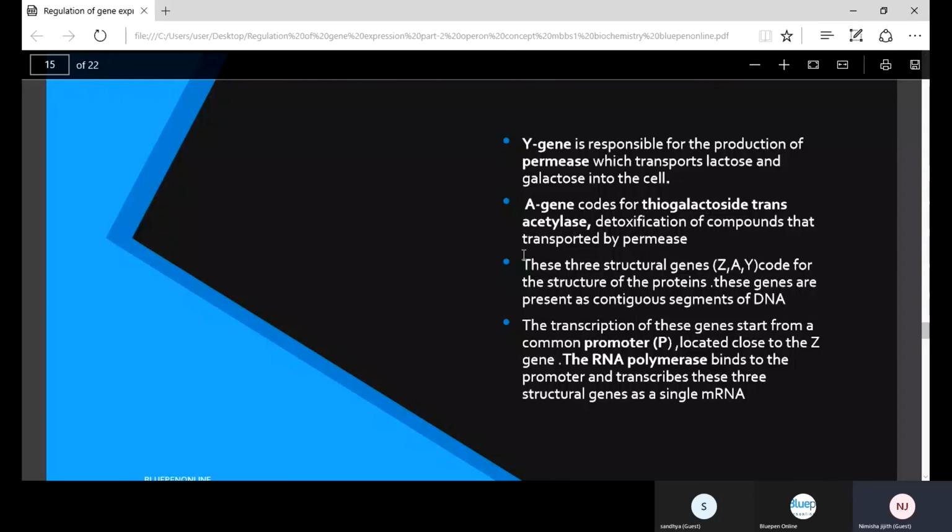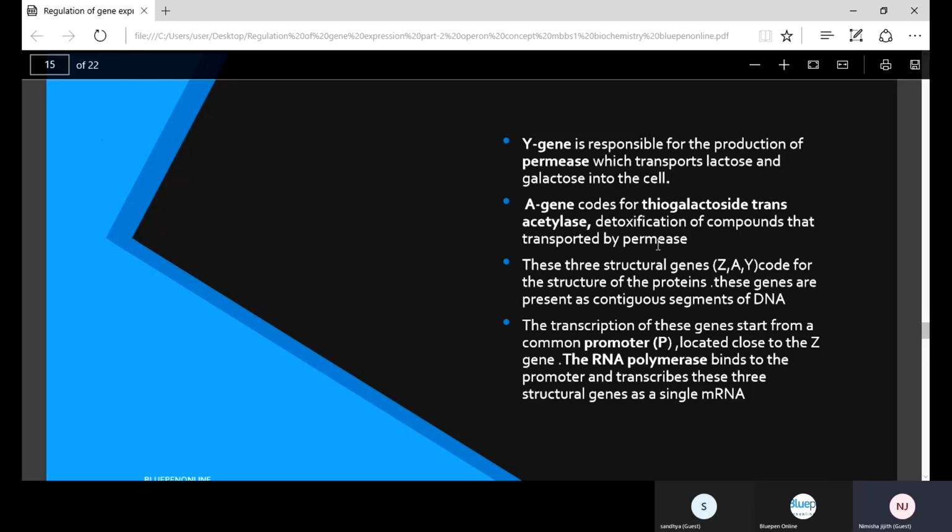It's a lengthy enzyme, not a simple enzyme. Thiogalactoside transacetylase has no significant known role, but nowadays we find it is involved in detoxification of compounds transported by permease. Along with lactose and galactose, some products enter the cell and are detoxified by this enzyme.